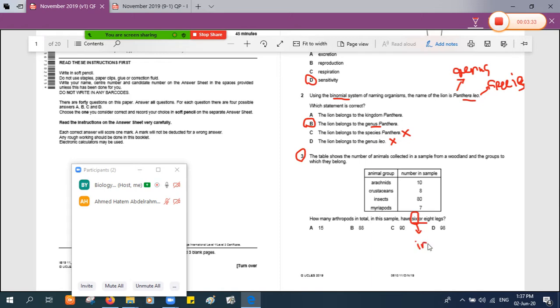Because insects have 3 pairs of legs, or we can say in other words that they have 6 legs, and 8 legs here is for 4 pairs of legs, okay, for the arachnids, right?